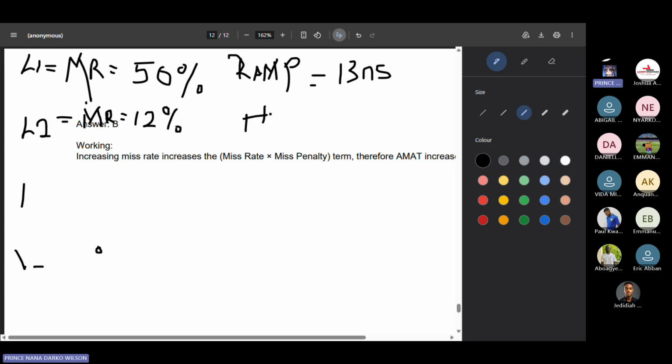And then we can include our hit time for level 2, by the way. 2 nanoseconds, okay? And also, level 2 penalty.